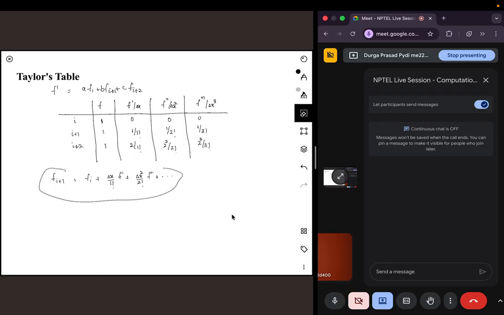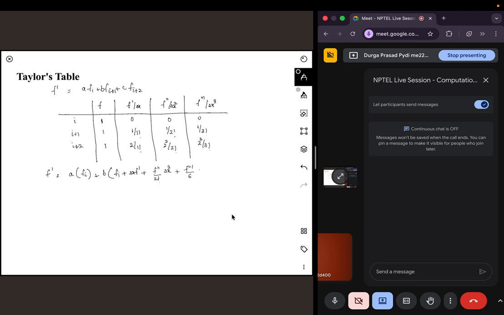I mean, if I write it in the general form, so f prime is basically a into f i, or p into these coefficients, plus the last one.